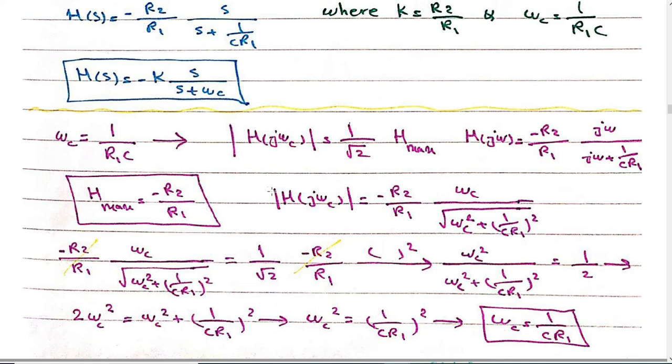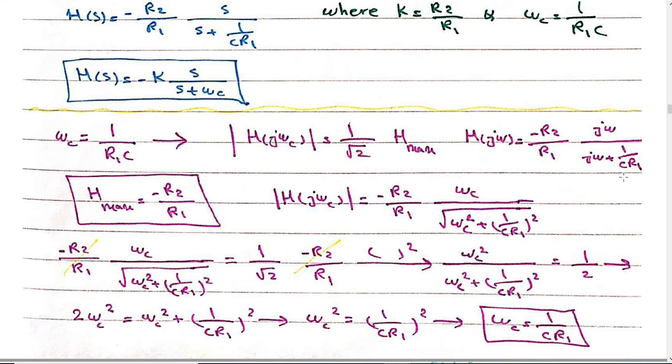But what is the equation for the magnitude of H at cutoff frequency? So the magnitude of this one, this is plus, this is correct in my notes, this is plus R2 over R1. What is the magnitude of j omega? It is omega. Because we are at cutoff frequency, we put omega c.